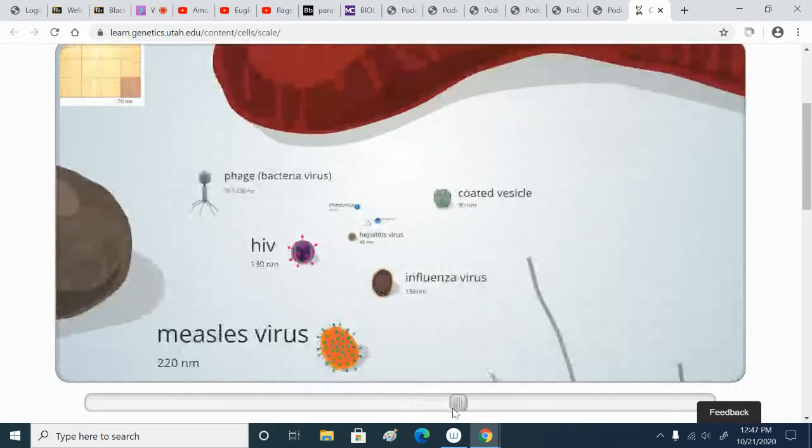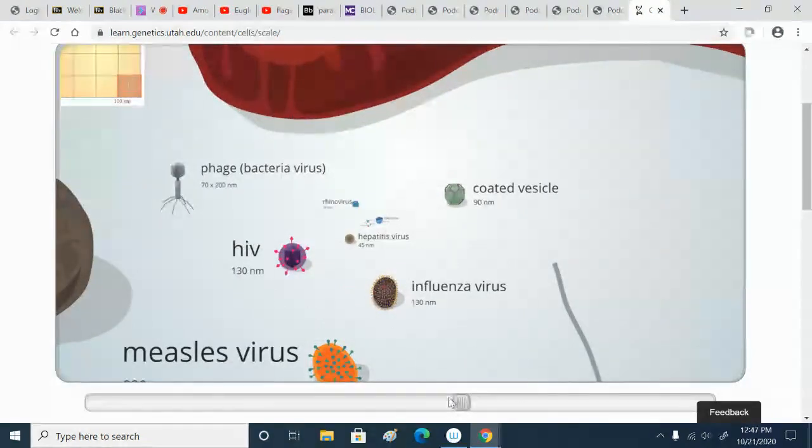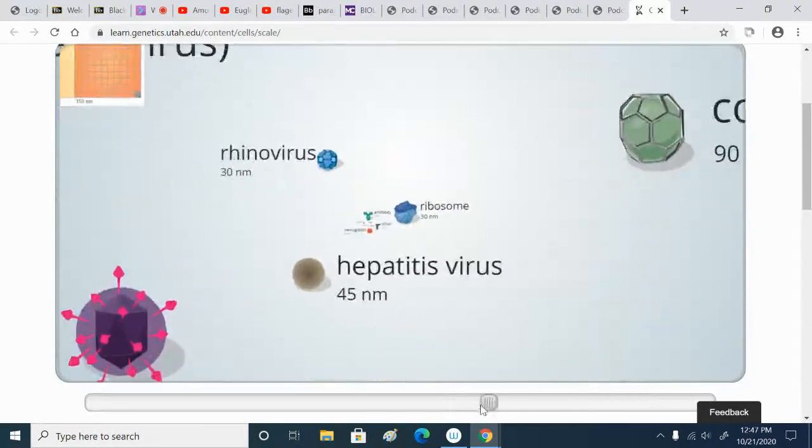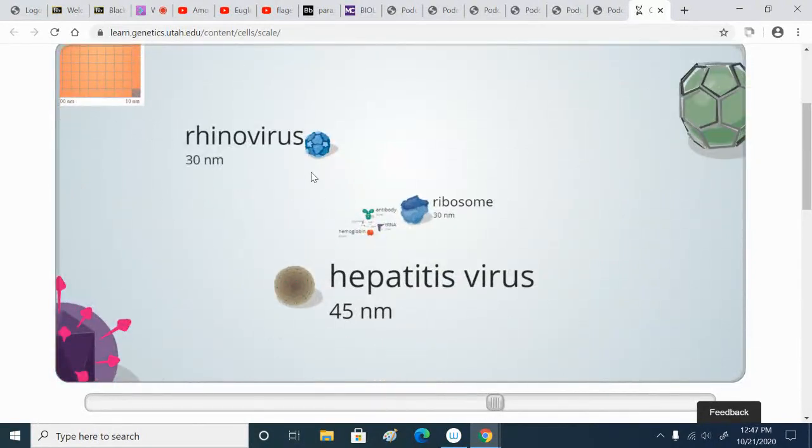Closer, we have some viruses, teeny tiny viruses, a bacteriophage. We'll see some of that later on. Notice rhinoviruses. Rhinoviruses are very common causes of colds. They're very common. And a rhinovirus is the same size as a ribosome, right?